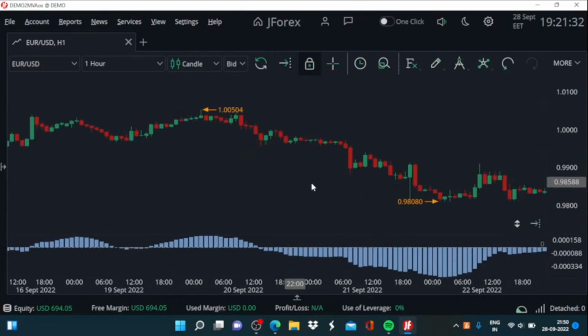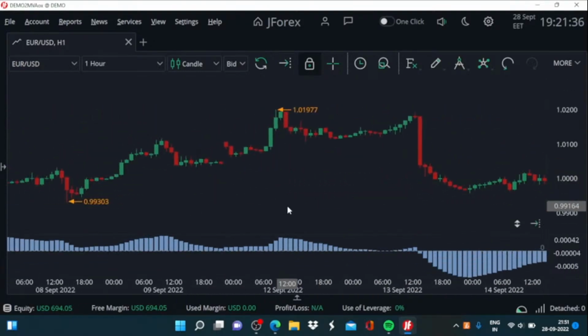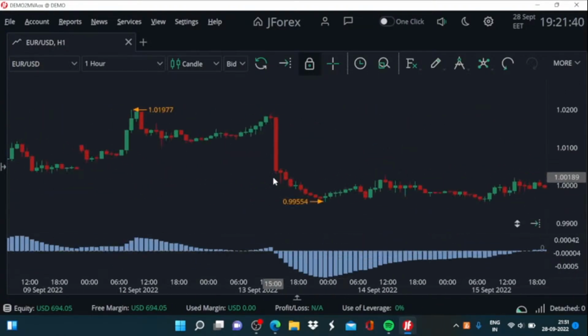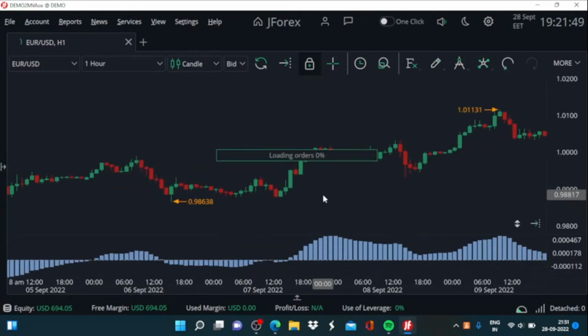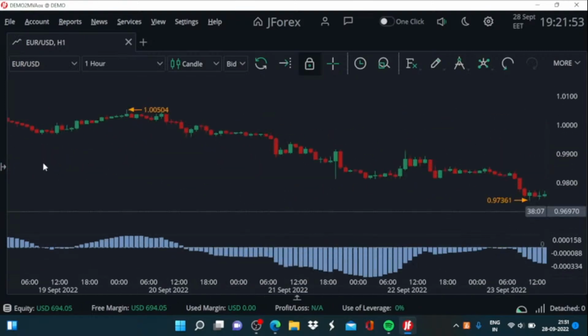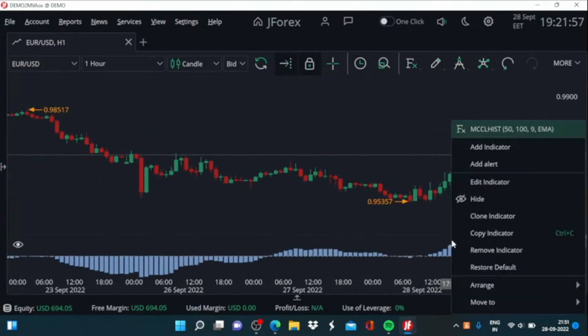So you have to decide on the trade-off between the responsiveness and the reliability of the indicator. Here you can notice that only after a significant price reversal do we get the trend change confirmed by the indicator when you are using the larger time period for the calculation. All right, so this is how it is.